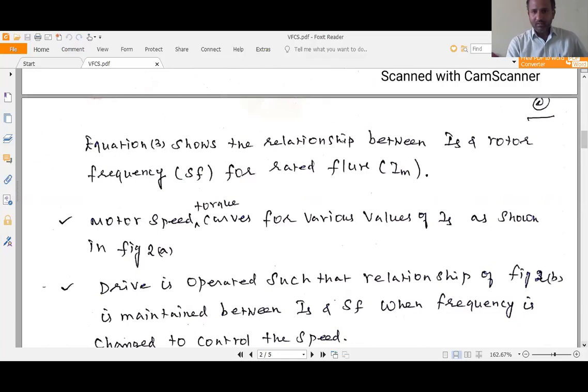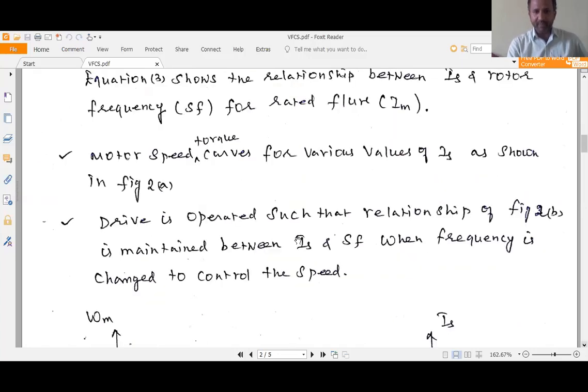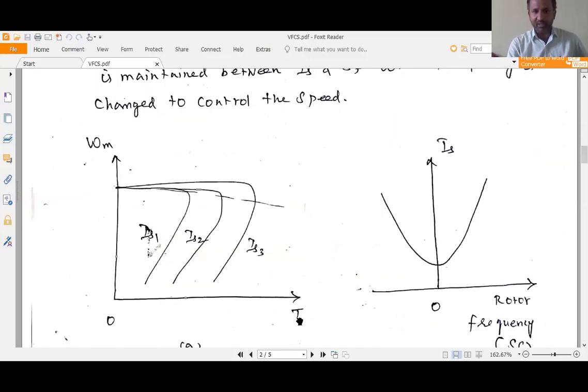The speed torque characteristics for this variable frequency current source inverter can be drawn with torque on the x-axis and speed on the y-axis, keeping the current Is constant.